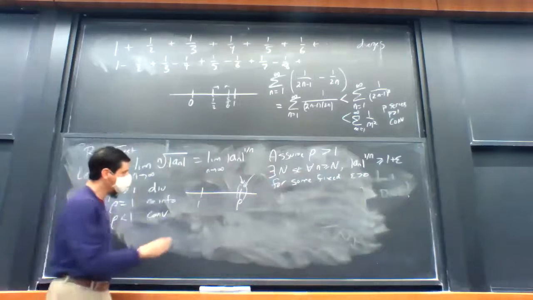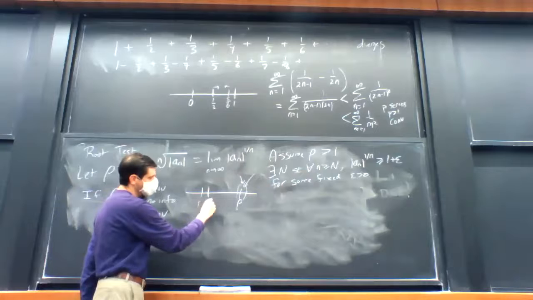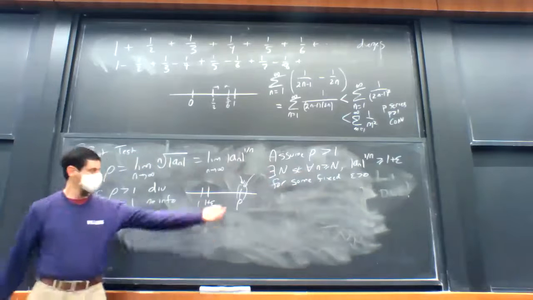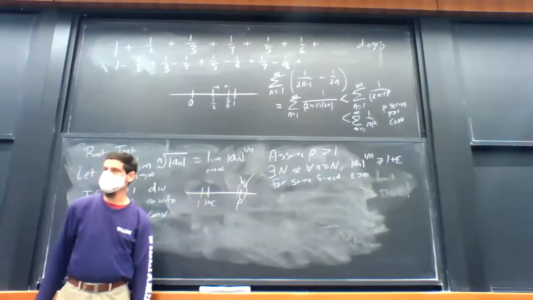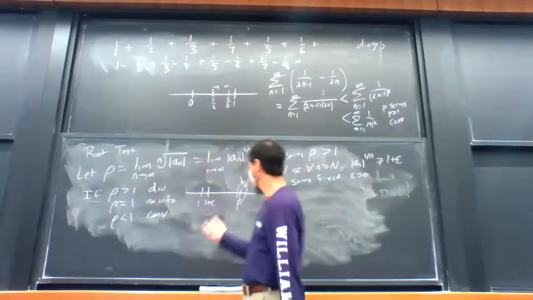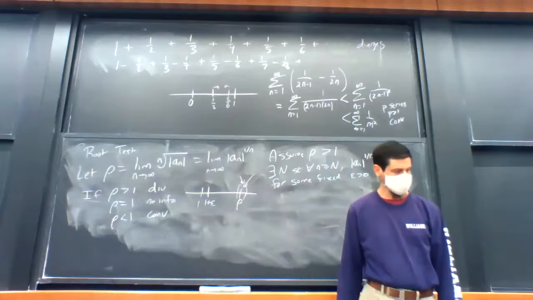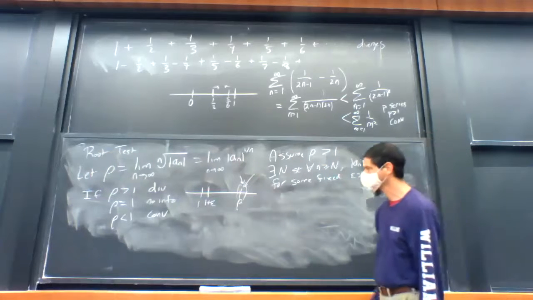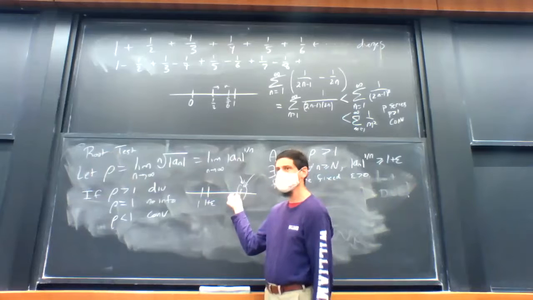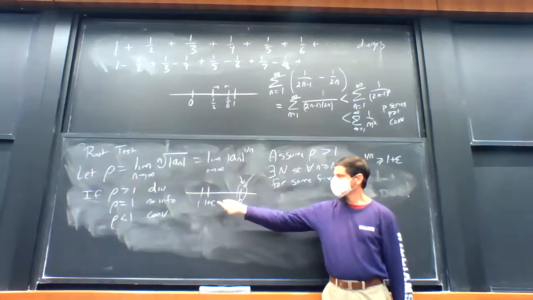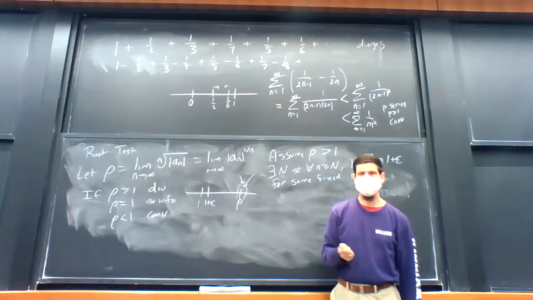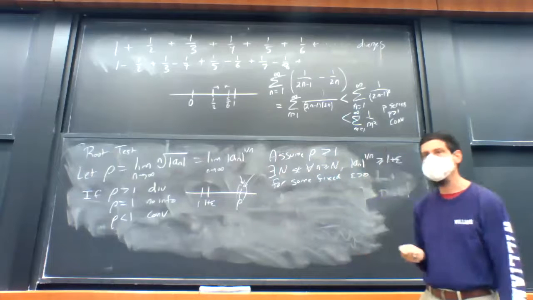Well, I can choose a small number that's more than 1 and a little bit less than rho. So I'm outside that little window. And because I'm converging, eventually I'm in that small little box. And so if I'm in that small little box, I have to then be further from 1. How much further? At least 1 plus epsilon.